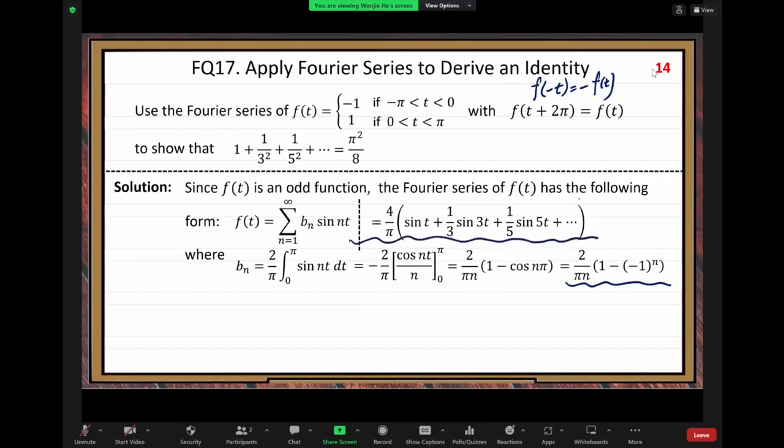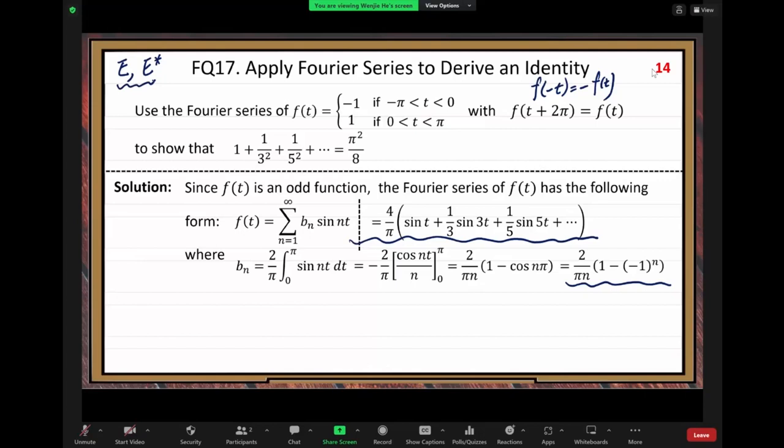After that, the last step: we need to apply Parseval's identity. In class, I explained how to get Parseval's identity. We estimate the error terms, remember? We define E, the square error, and E star. You can look at the notes. Otherwise, if you do not know the derivation details, it's fine.